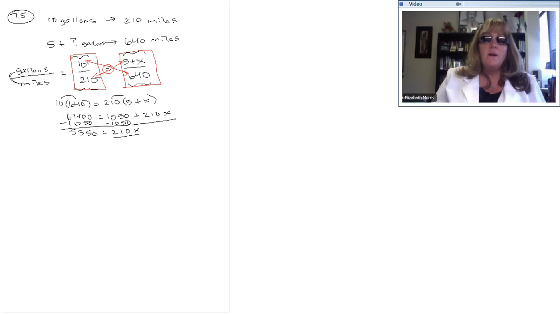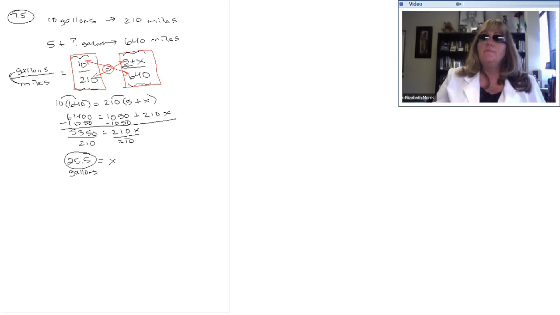I divide by 210, and I get x equals, you round it off, 25.5. So it will take approximately 25.5 more gallons besides the 5 that they had in order to get 640 miles. And that's the question, and there's your answer.